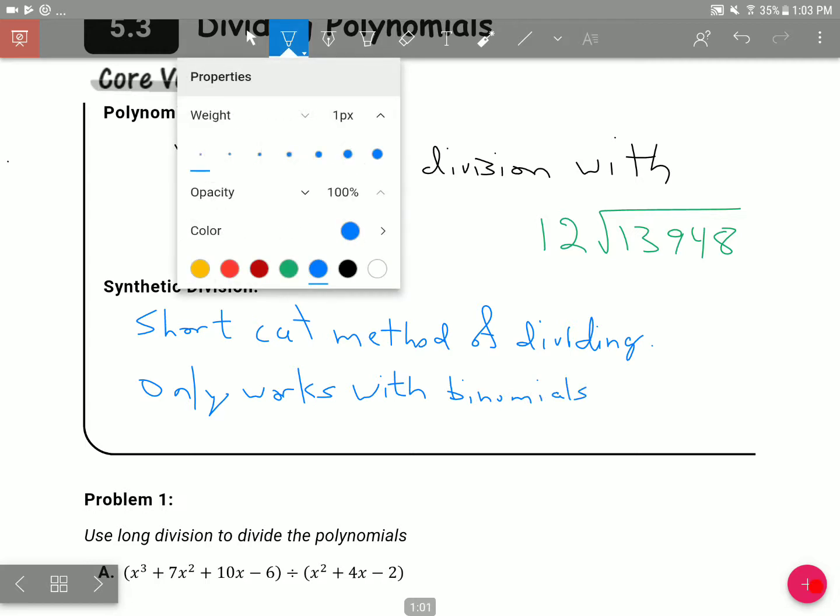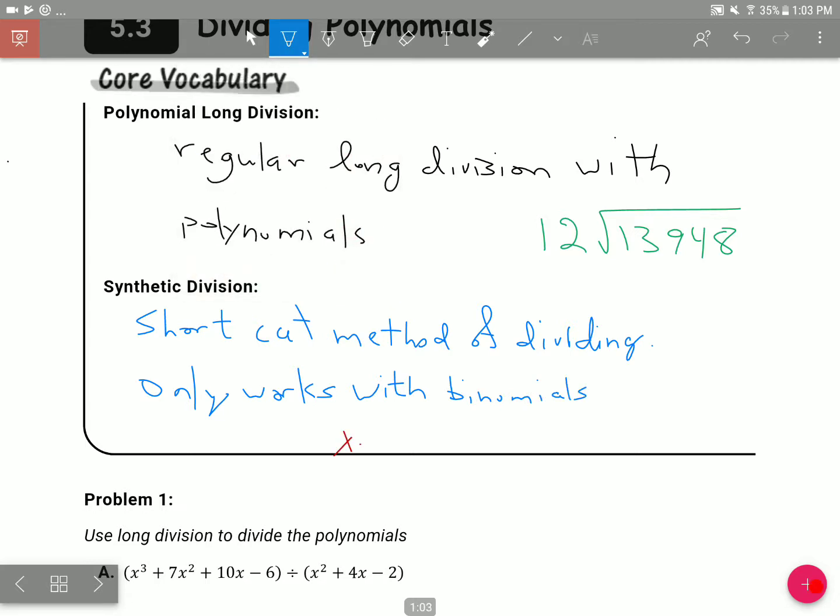So, in other words, things like x minus 2 or 3x plus 7, things along those lines, okay? If you've got an x squared in there, you can't do it, okay? But synthetic division is if you have smaller binomials and not, x to the fourth plus 2x minus 3, dividing by something like that. With that, you have to use long division.